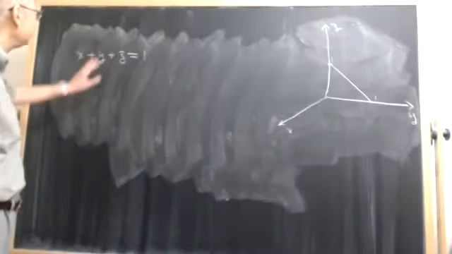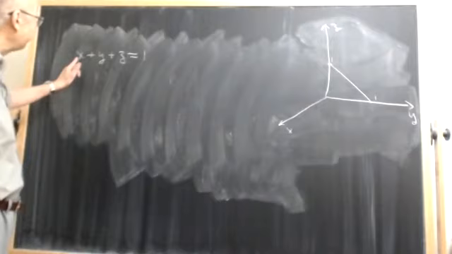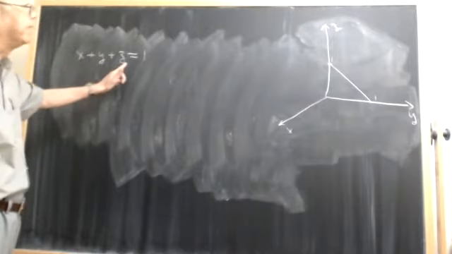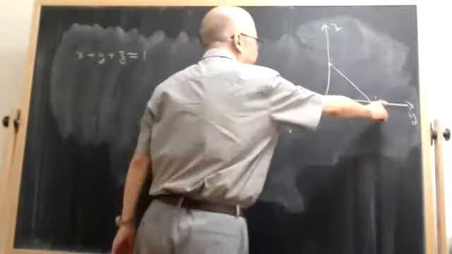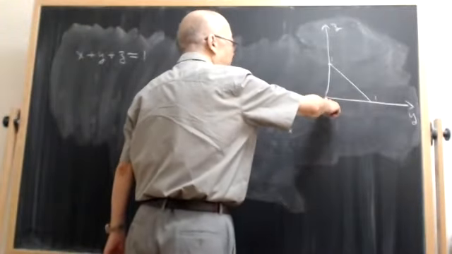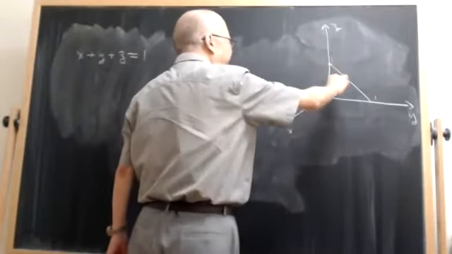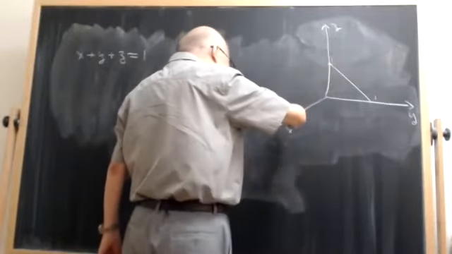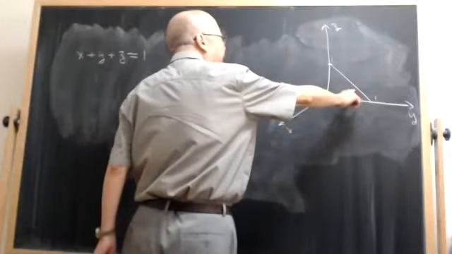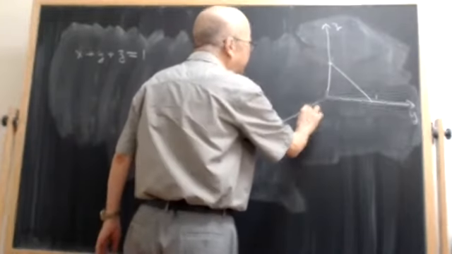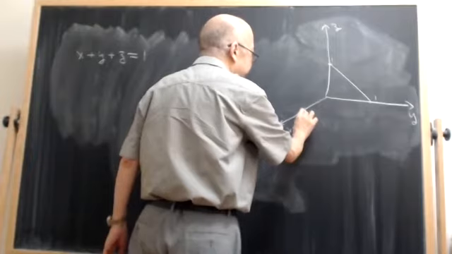Now I am going to put Y equal to 0. I have x plus z equal to 1. So when I put y equal to 0, I have this xz plane. And then doing exactly the same thing as this line, we are going to get a line going like that.